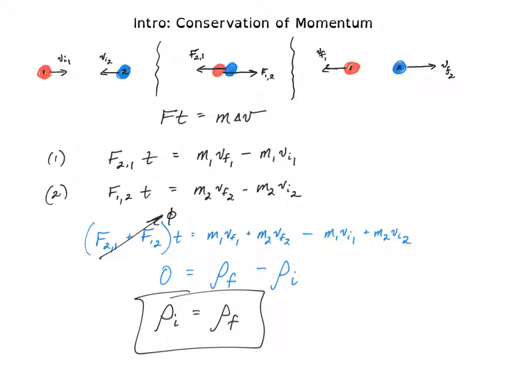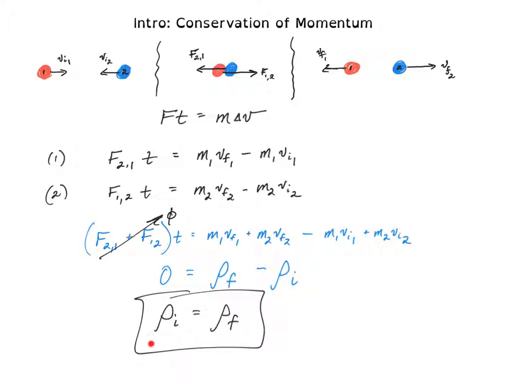So this is your conceptual, mathematical intro to conservation of momentum, just debriefing the things that you saw within those labs that we did last week. Now, when you start problem solving with this, keep this simple picture in mind.